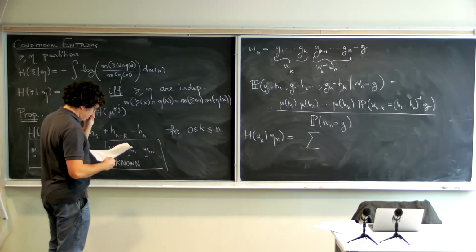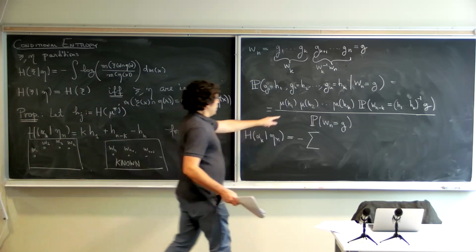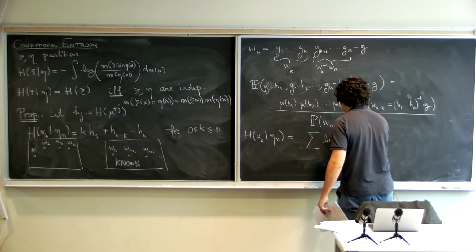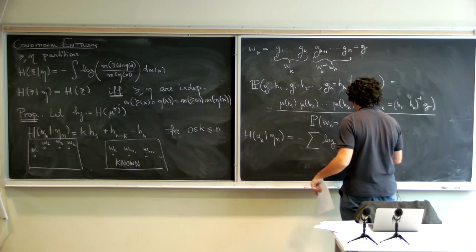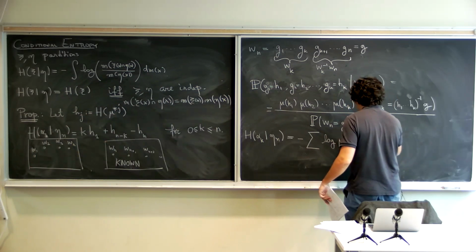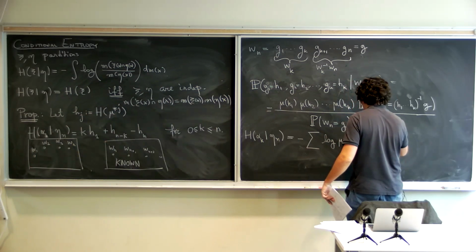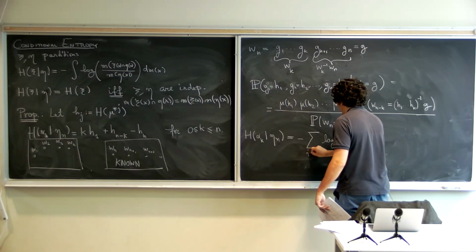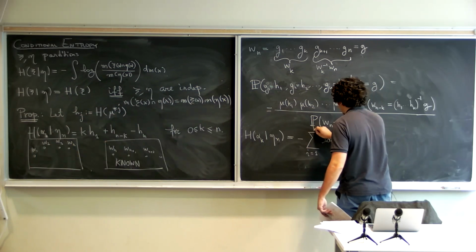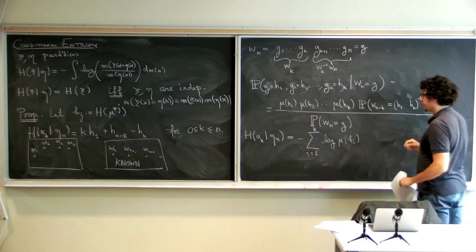Right? So what do we have here? We have minus log of mu of hi, so this is h from 1 to k as a first step.